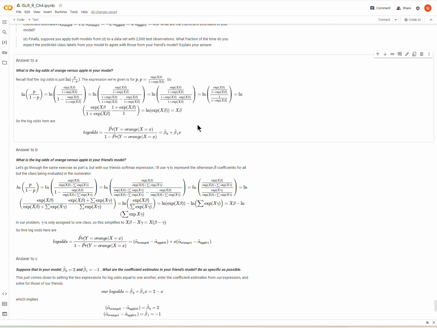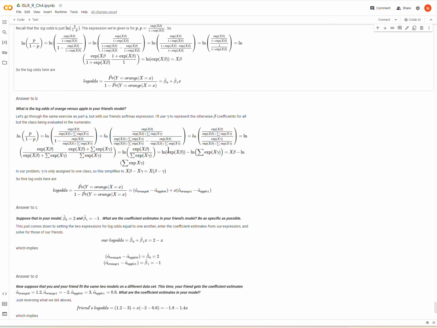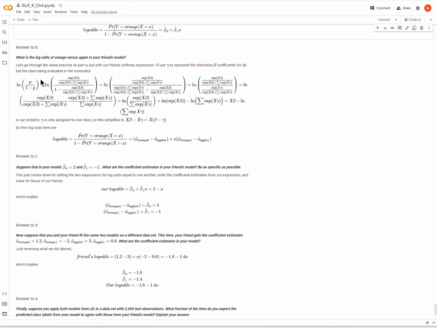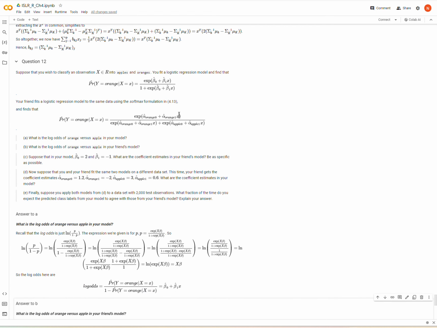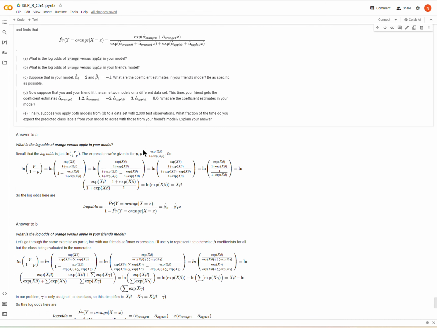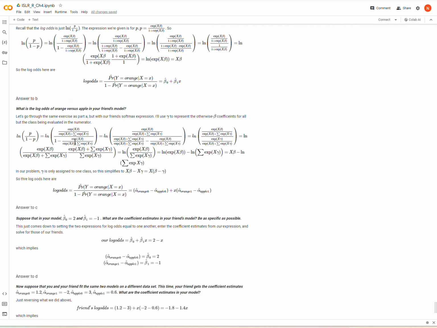Now we're going to do the same thing for our friend. Again, we're finding the same quantity, but now they've defined P differently, like this. If we do the exact same thing, everywhere I see a P, I input that expression. Let me explain this expression.